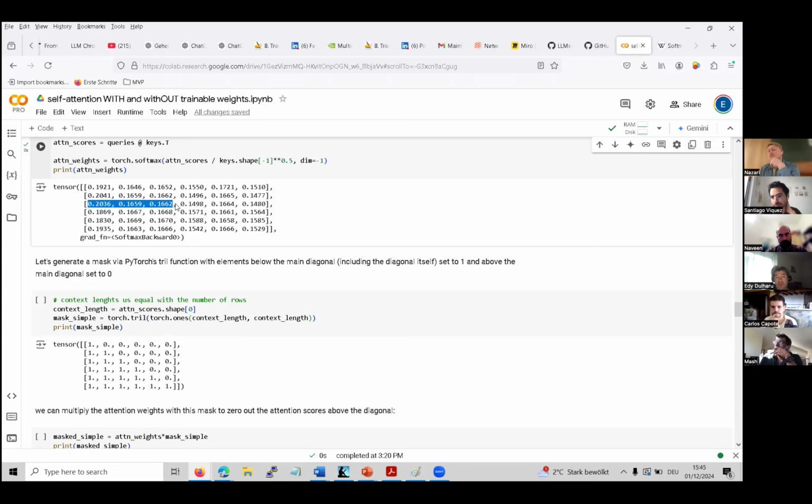And somehow within this mathematics, we need to get rid of these values and ignore them altogether.